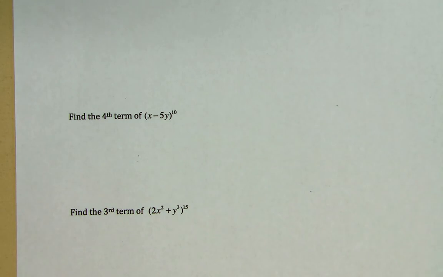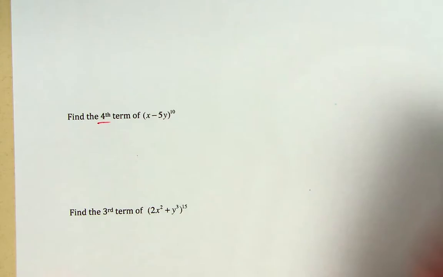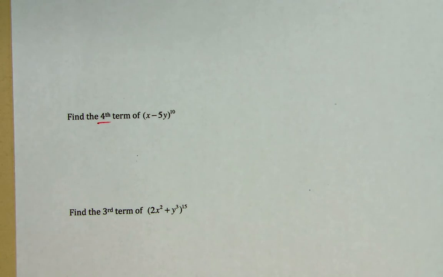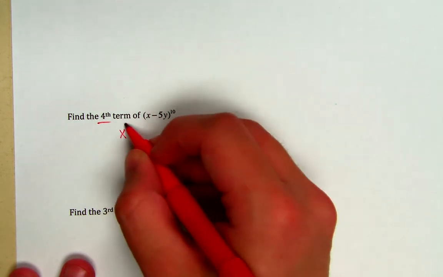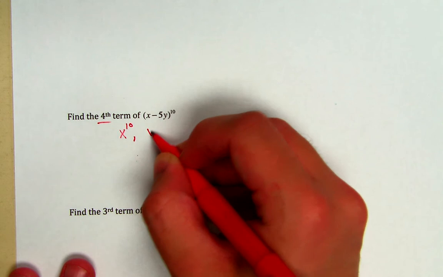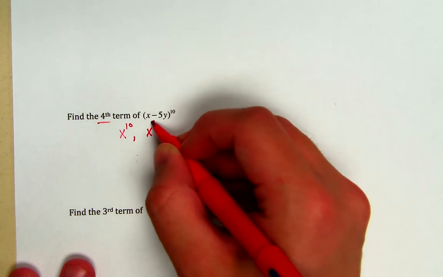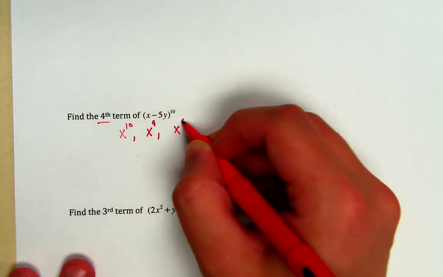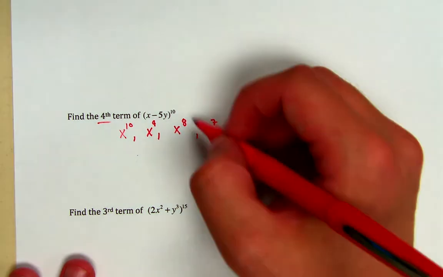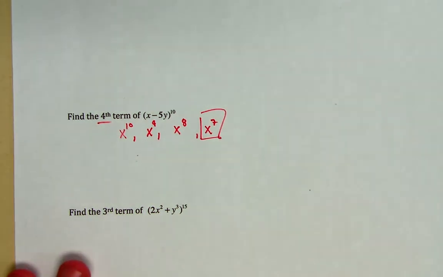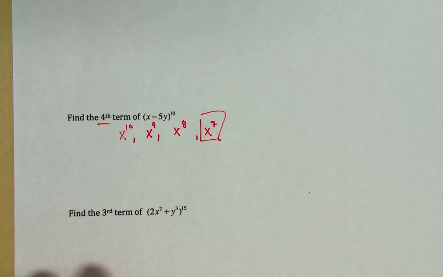Sometimes you may just be asked, hey, find the fourth term of this series. Well, how do I know the fourth term? Well, let's develop a way. I know I'm going to start with x to the 10th power. Then I'm going to have x to the 9th power, then x to the 8th power, x to the 7th power. This is where the fourth term comes in, but I need the coefficient on that.